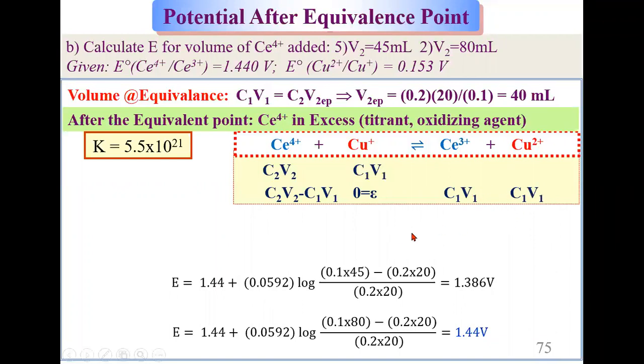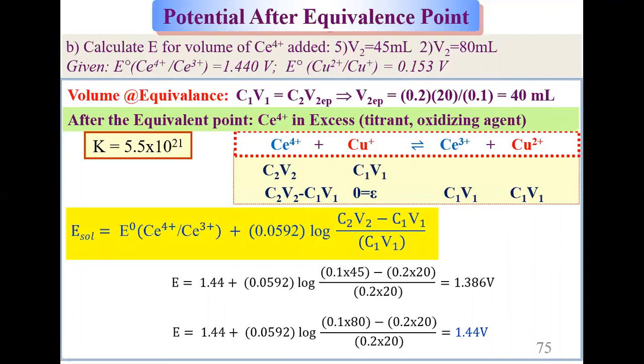And now, if I want E of my solution, what do I use? Yes, I use my selenium couple because that's where I have both ions left in solution. And so E of my solution would be E of my selenium couple, which is equal to the E naught selenium couple. Again, on an exam, guys, you really don't have to put selenium 4 plus, selenium 3 plus. I would just put selenium, and you don't have to write it as a couple.